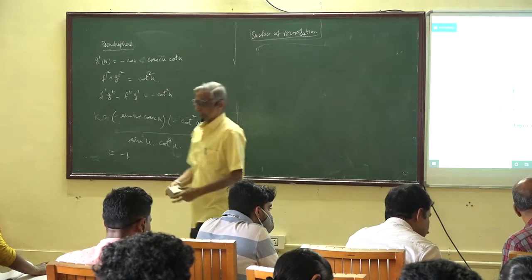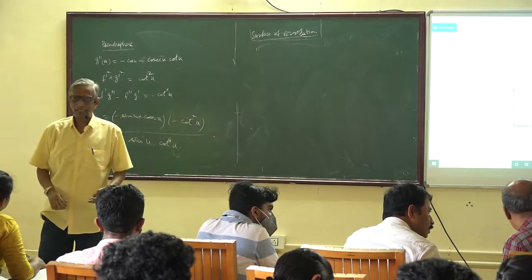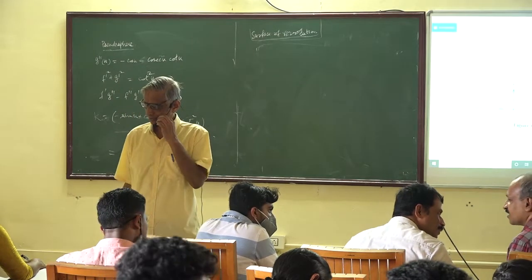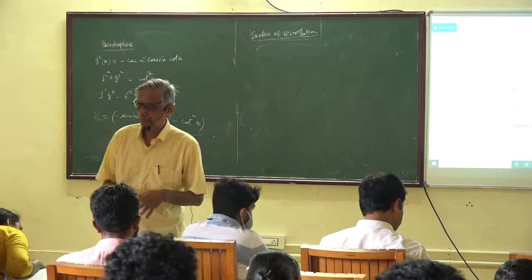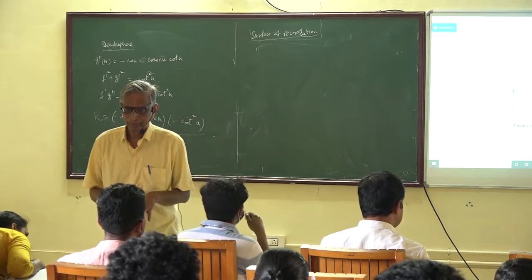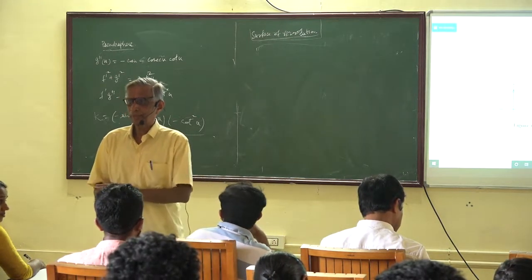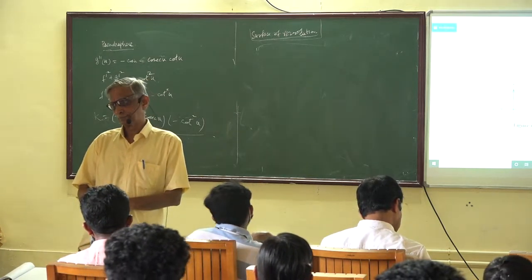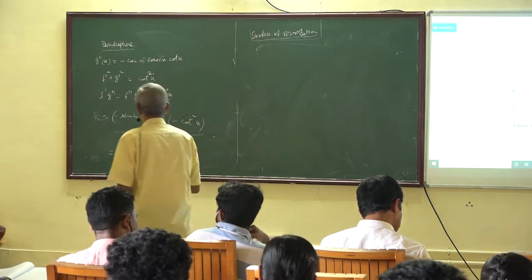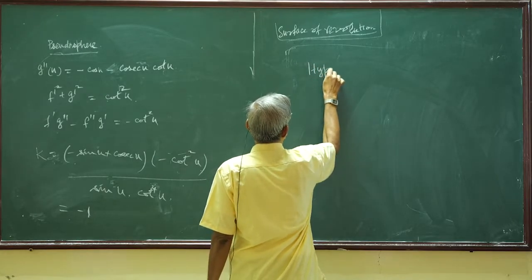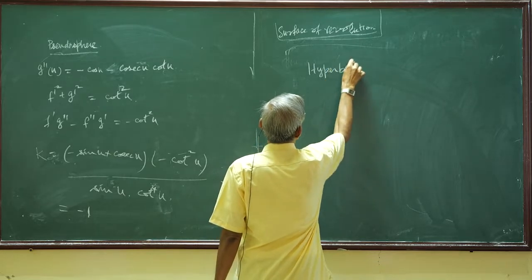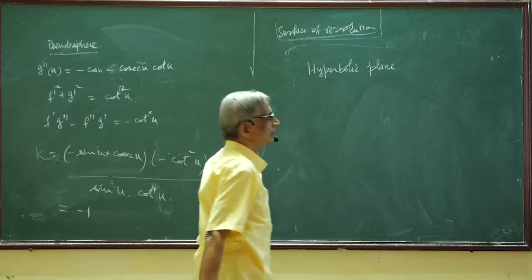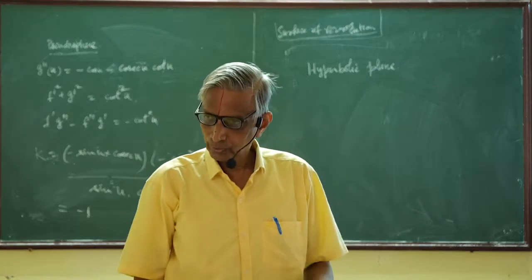The surface which has constant curvature equal to minus 1. Constant negative curvature. So this is a model, so to say, for the hyperbolic plane in contrast to the Euclidean plane.